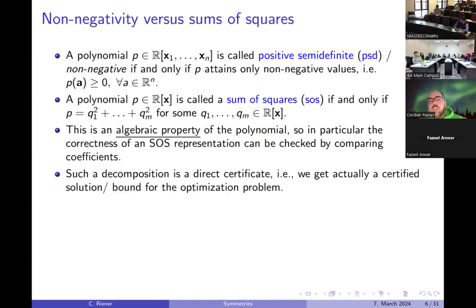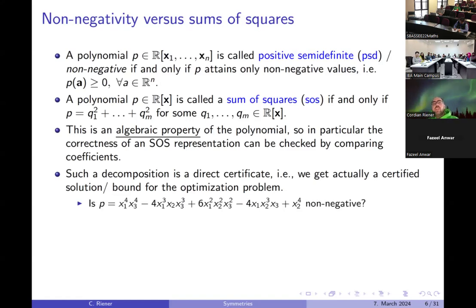And obviously, if somebody gives me a sum of squares, I know that it's non-negative, right? We all know that squaring makes things non-negative over the real numbers. So if I have a sum of squares, there is no way that this is not non-negative. Such a decomposition gives an easy certificate that something is non-negative if I have it. And it actually gives me thus this bound lambda that I want to have.